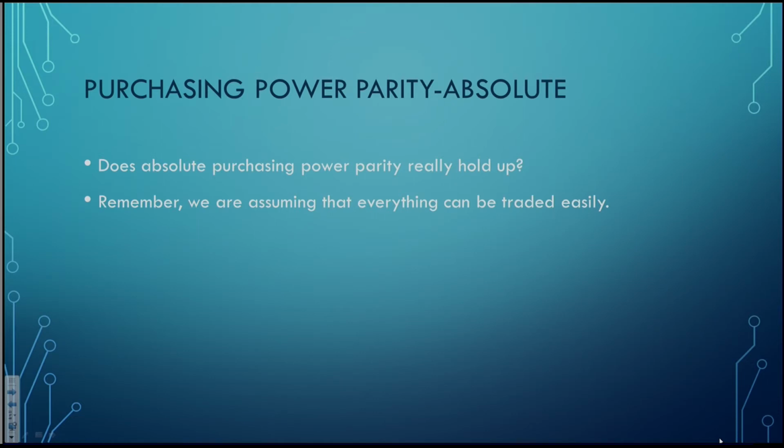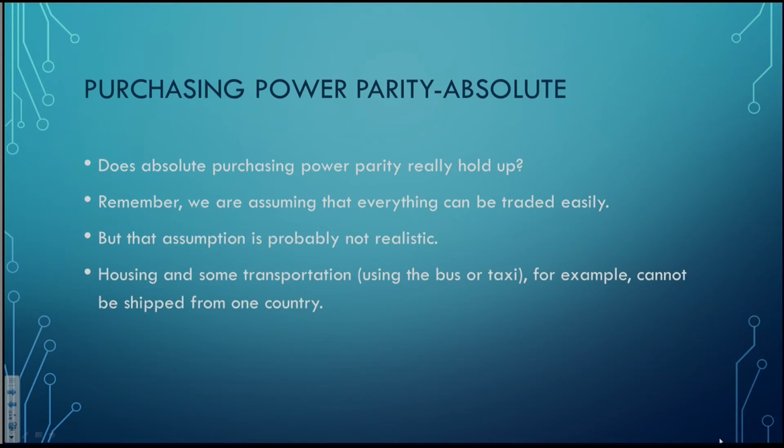And we've got to remember, we're assuming that everything can be traded easily to take advantage of the law of one price. If everything can be traded easily, then we're going to have the same prices in both countries for the same goods, right? But clearly that assumption's not going to be that realistic. Everything can be traded? That's not a realistic assumption.